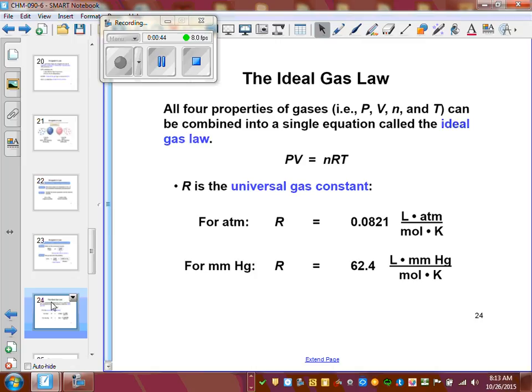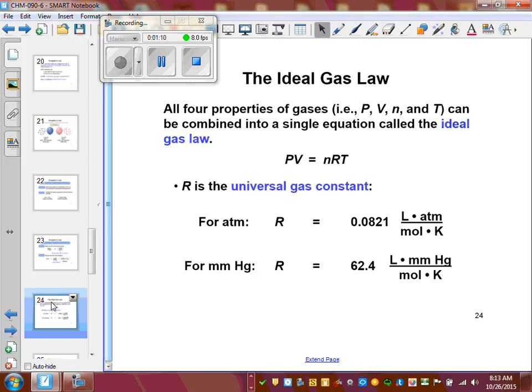From Avogadro's law, we can then do what's called the ideal gas law. PV equals nRT. P is pressure, V is volume, n is the number of moles, R is called the universal gas constant. What we're going to use is R equal to 0.0821 liters times atmosphere divided by moles times Kelvin.